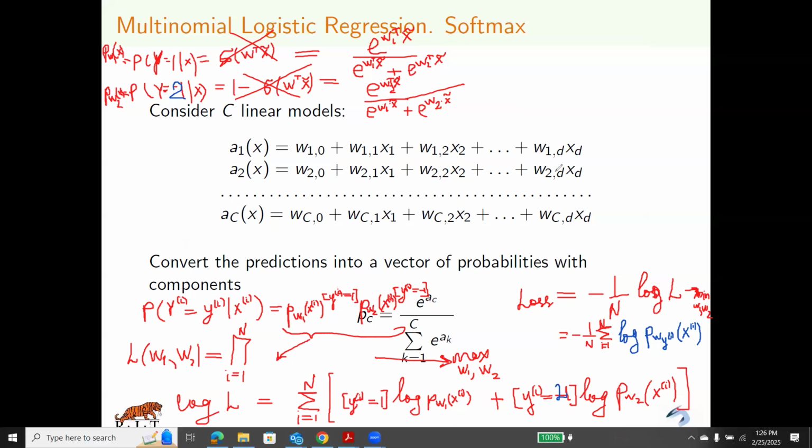The first sum is over points, the second over classes. Because this is the product for one point, and then for all the points. And then just notice that this bracket will be non-zero only when j equals y_i. So the j is substituted with y, and you won't have the second sum.